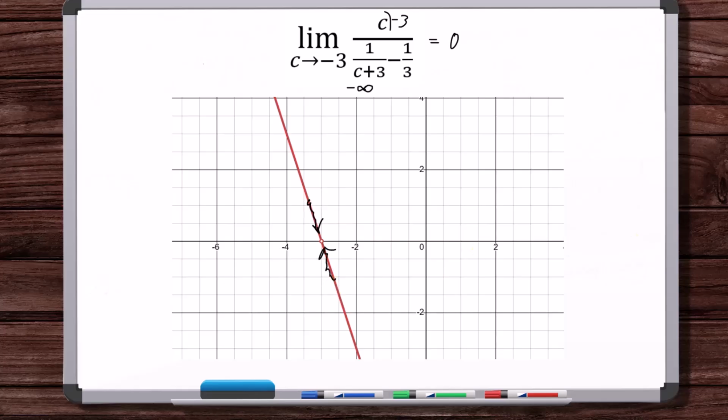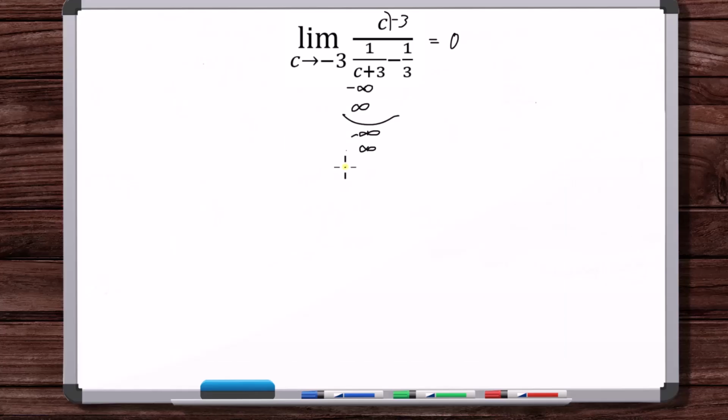So let's see, where's that coming from? If we simplify this, if we multiply the numerator and denominator by 3 times c plus 3, we get 3 minus c plus 3, and then 3c times c plus 3.